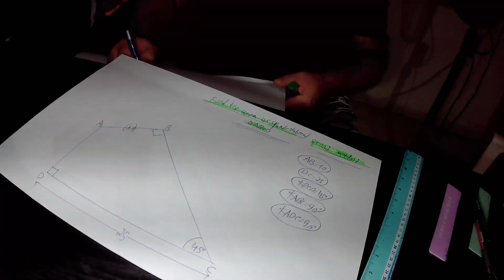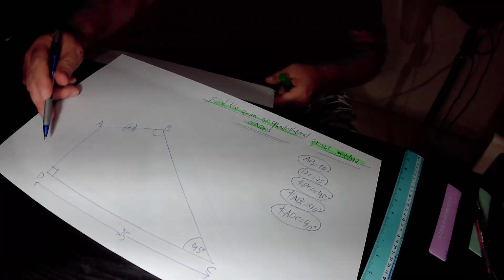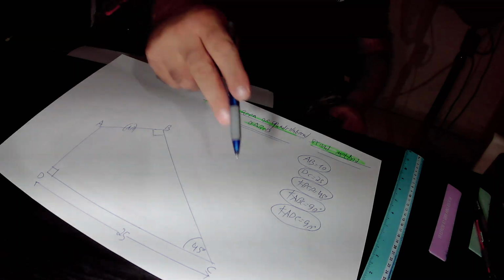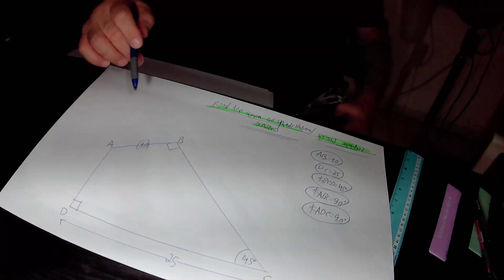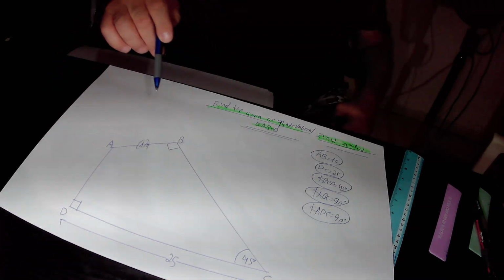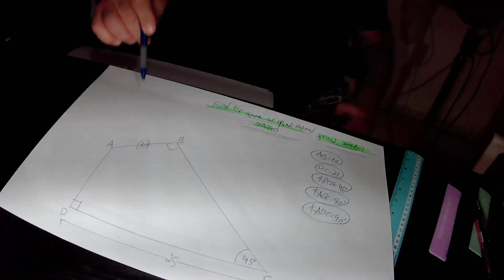In the second method, we will extend side DA and side CB by a straight line until they touch each other.